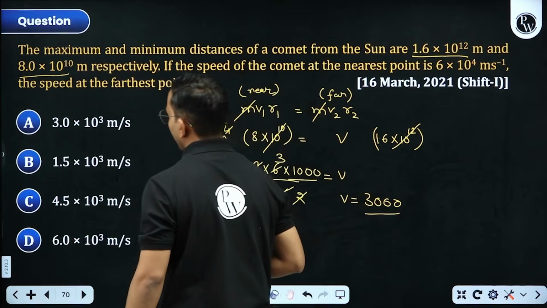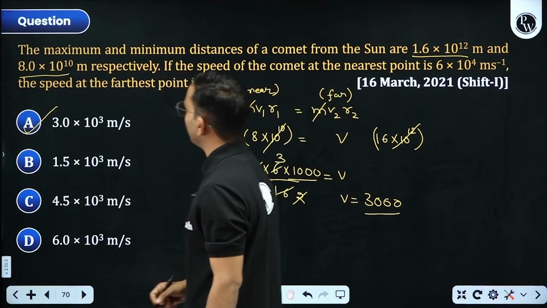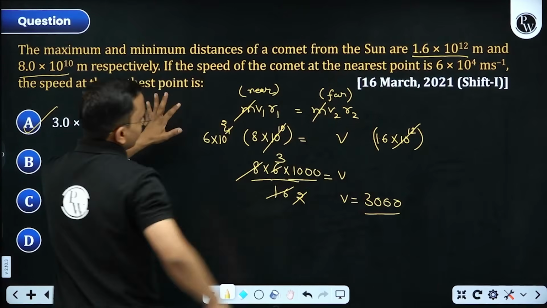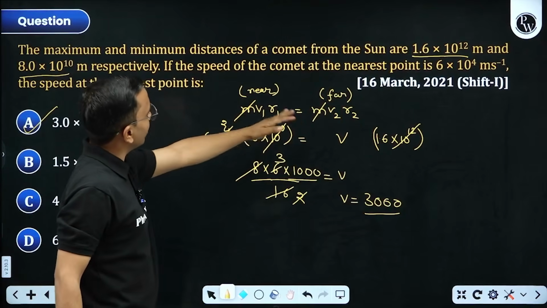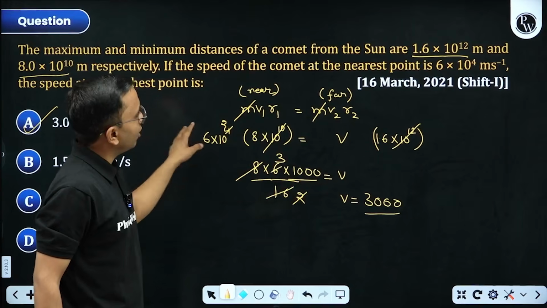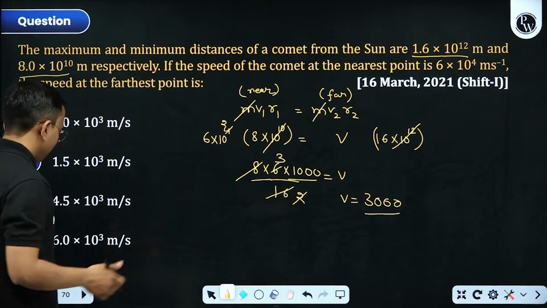So 3 into 10 to the power 3 meter per second. Getting it? So just consider the angular momentum. Nearest point, the speed is my maximum. Farthest point, the speed is my minimum, and minimum speed comes out to be 3000.